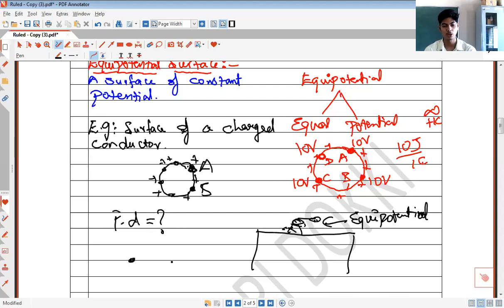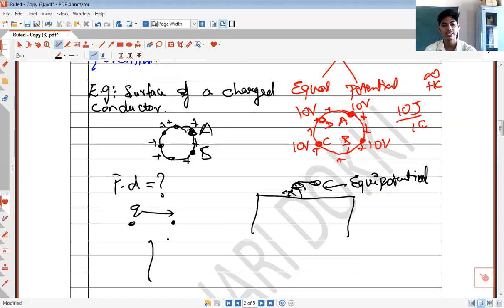For charge to flow from one point to another, there must be a potential difference between those two points, just like the height difference between water in 2 containers. See, water can flow from A to B only if there is a height difference between the water in container A and B. Similarly, charge flows only if there is a potential difference between two points.